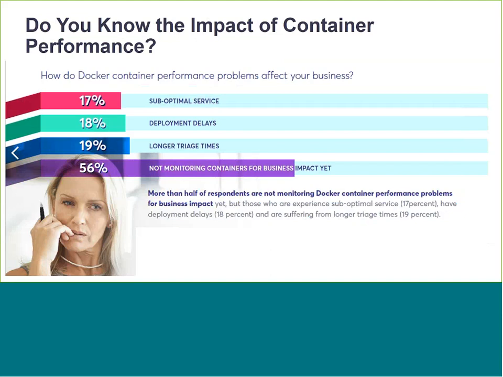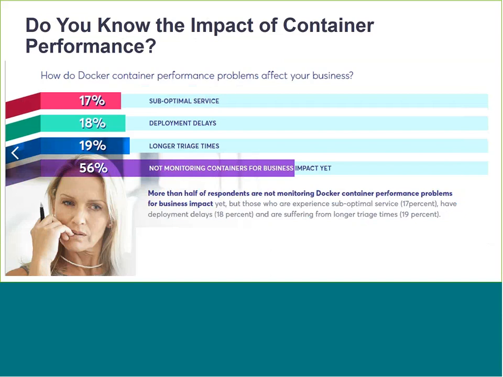We also asked those of you using Docker containers how Docker container performance problems affect your business. This really uncovers how much insight you have into the performance of your applications running inside of a container environment, and not just your application, but various services, threads, or processes.